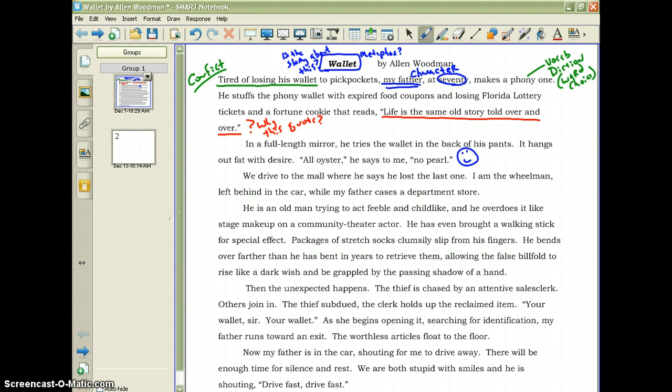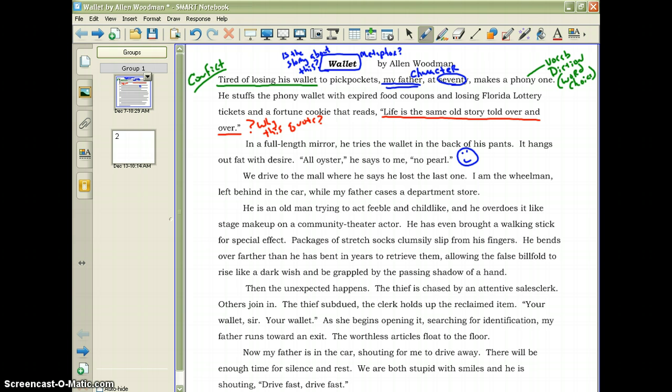And Mr. Church, can you explain, what does that mean, all oyster and no pearl? So it's like he knows that, going back to the beginning, the conflict, that he's tired of losing his wallet, that he's making a phony one. So he can kind of start getting an idea of what's going to happen here, that he's setting something up, he's creating a phony wallet, so if it gets stolen, nothing of value is in there, right?